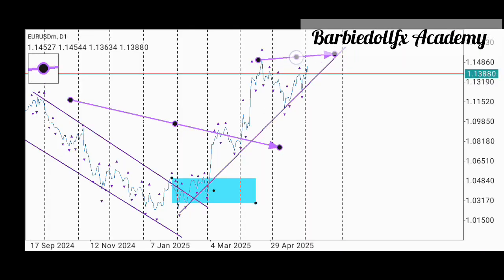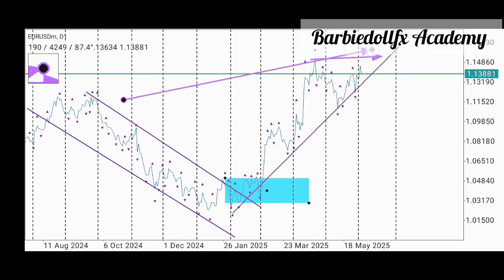If it breaks this high and forms another low and did not break this particular trend line, that means price is still going up. This is what we call breakout strategy.